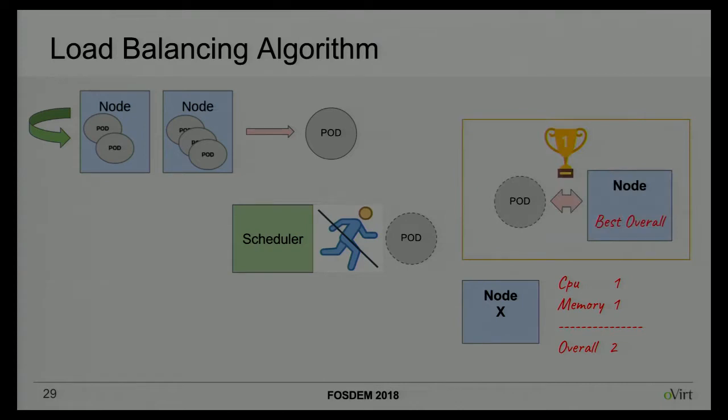So the best migration will be for the best overall, and then we'll trigger a migration event, and the pod will be rescheduled. This could be very CPU consuming since it's brute force, but it's another example of how you can utilize dry run functionality in Kubernetes without using other projects, or maybe creating your own load balancer.